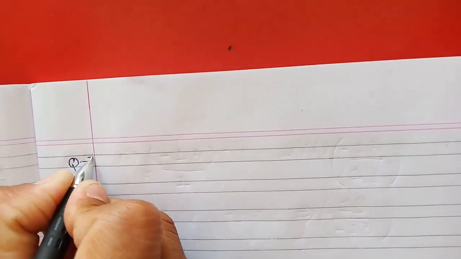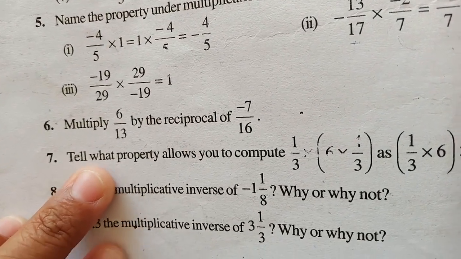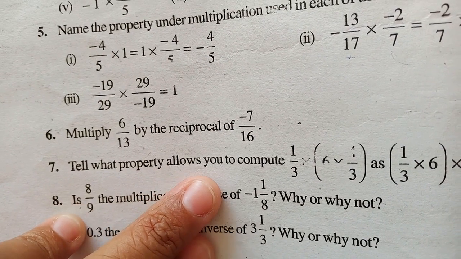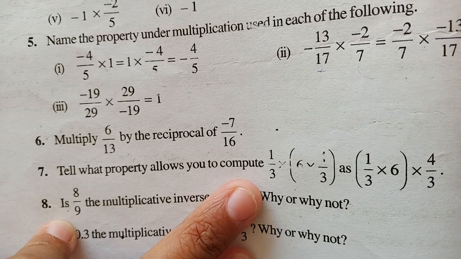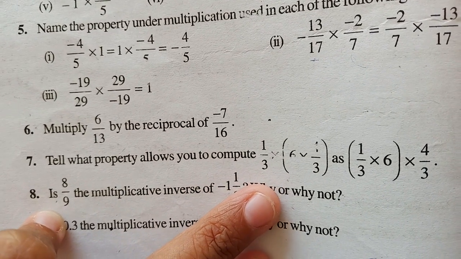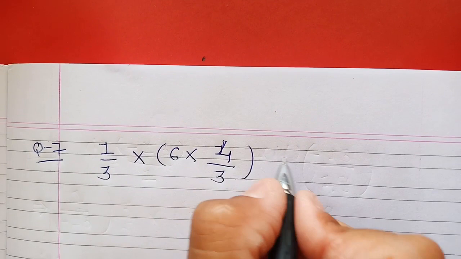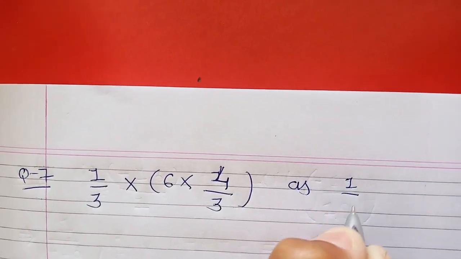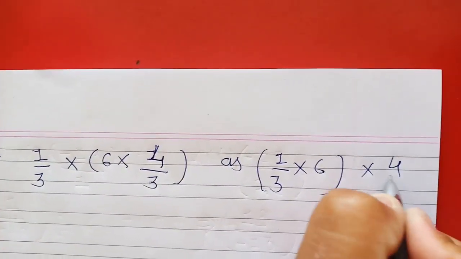Now after that, question number 7. In your question number 7, the question is: tell what property allows you to compute 1 upon 3 multiplied by 6, multiplied by 4 upon 3, as 1 upon 3 multiplied by 6 multiplied by 4 upon 3.